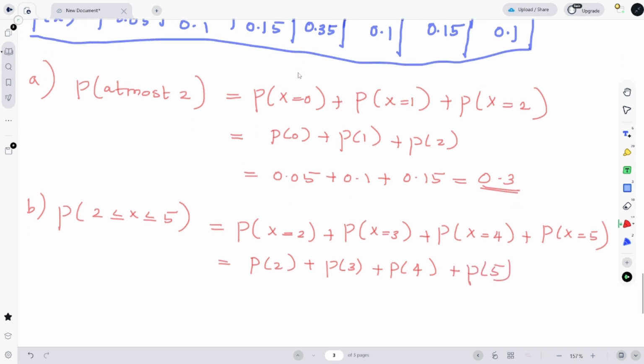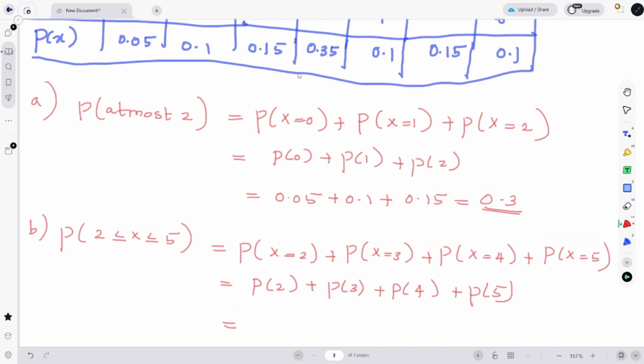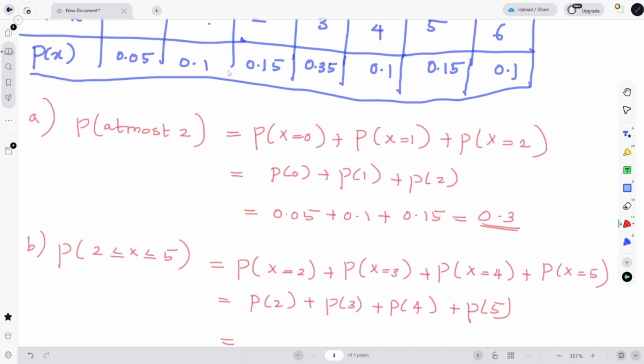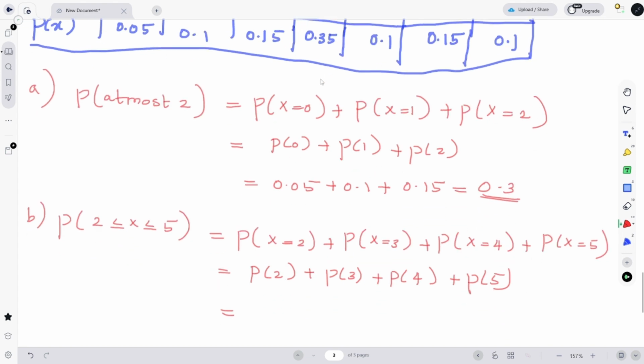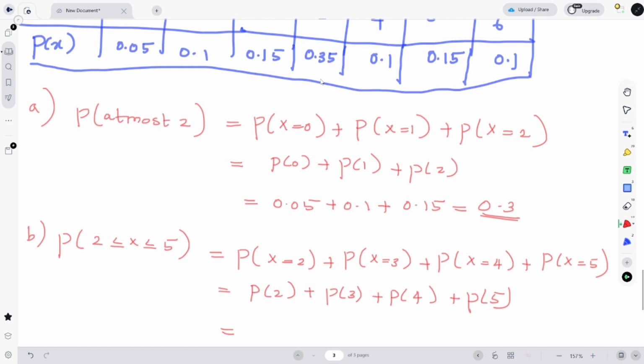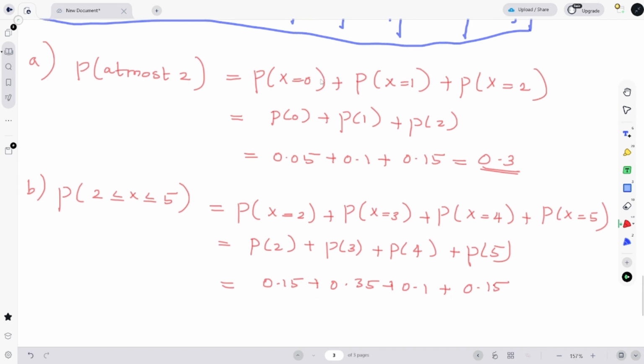Write the corresponding probabilities: P of 2 is 0.15, P of 3 is 0.35, plus 0.1 plus 0.15. So when you add these values, you will get the answer as 0.75.